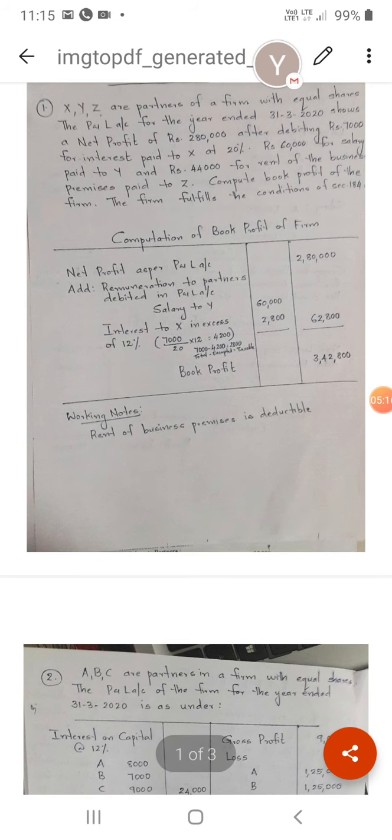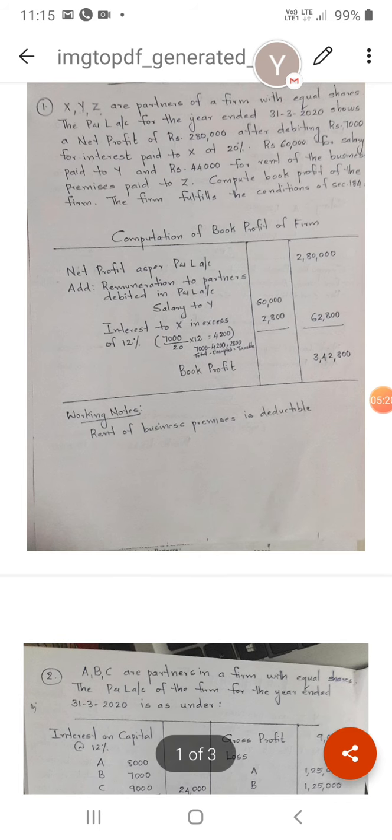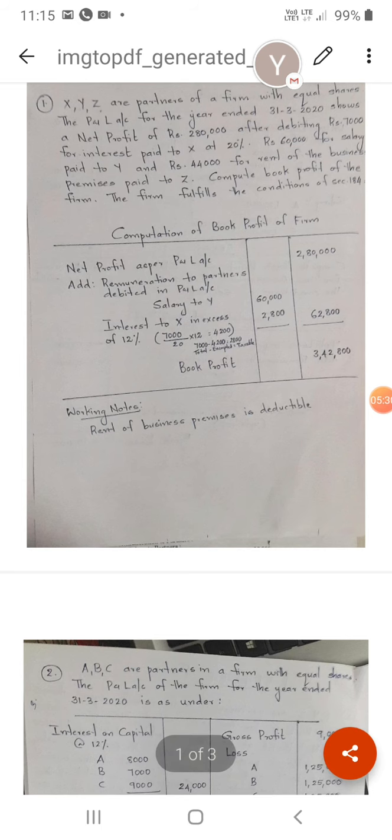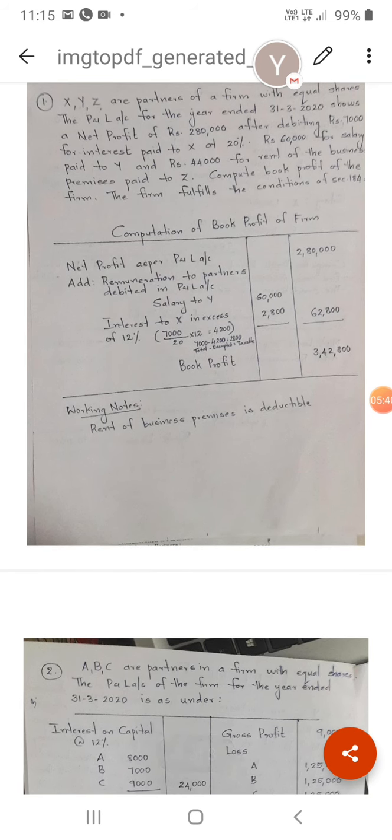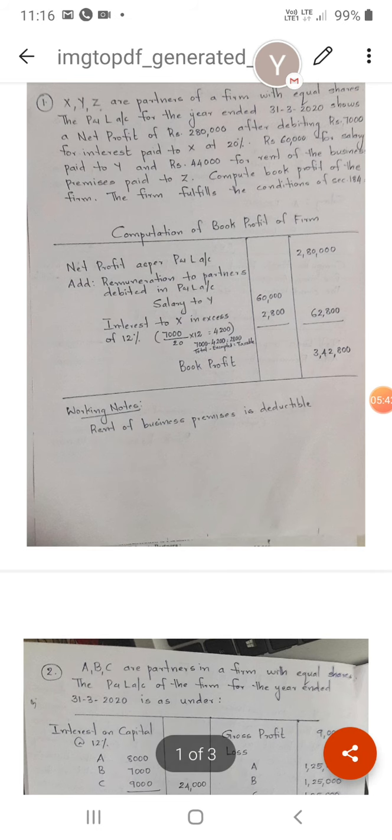Only this much is mentioned in the question. It doesn't mention the credit side of the profit and loss account; only the debit side is mentioned. So from this question we can calculate the book profit in this format. If the credit side is also given, we have to deduct certain income which is not taxable. But here nothing is mentioned, so the balance is called book profit.